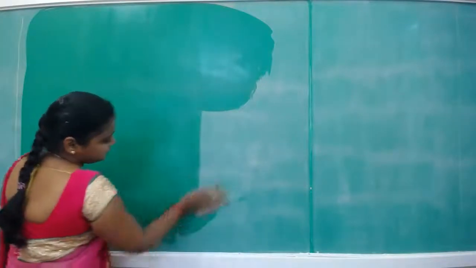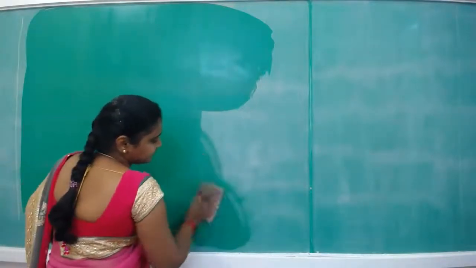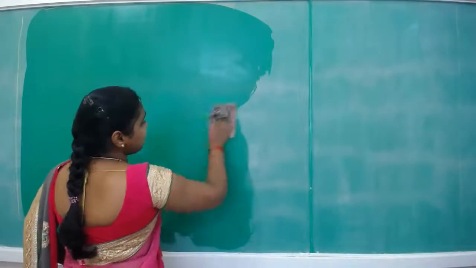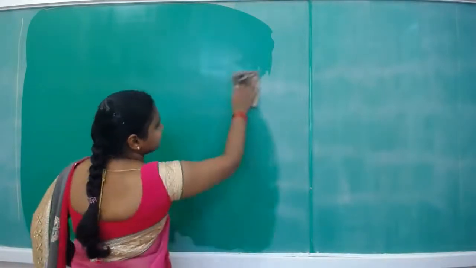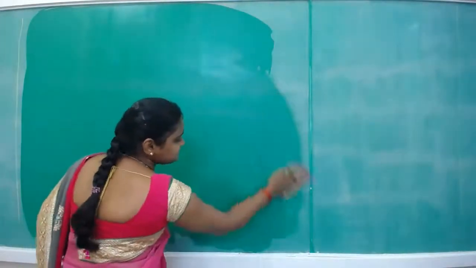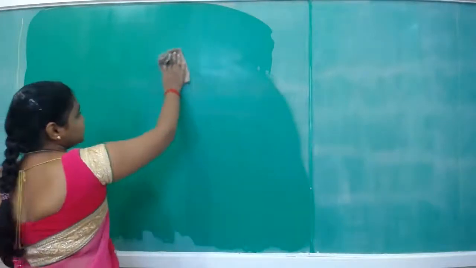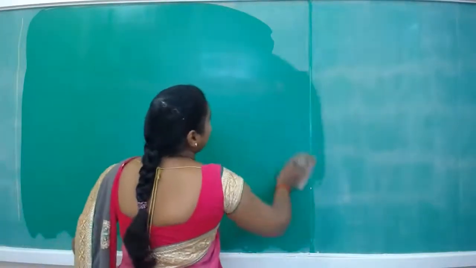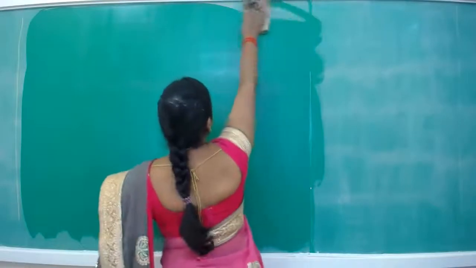About the voltage divider bias, I would like to say that it is the most widely used type of bias. There are certain reasons for it being the most widely used that you will come to know when you study it in detail.